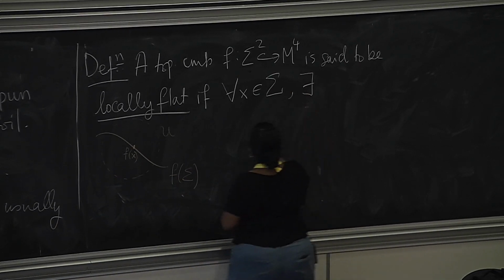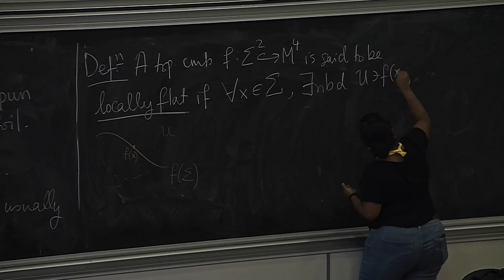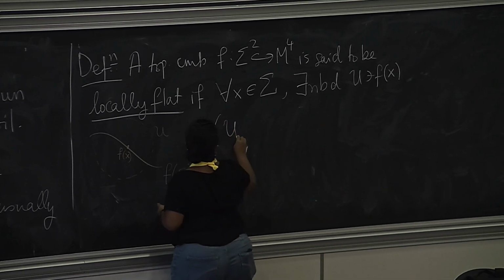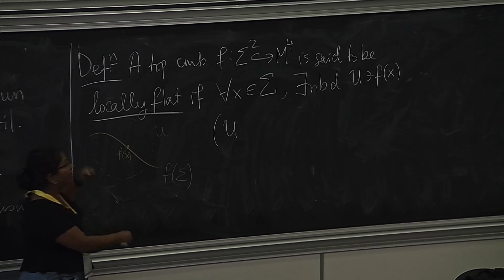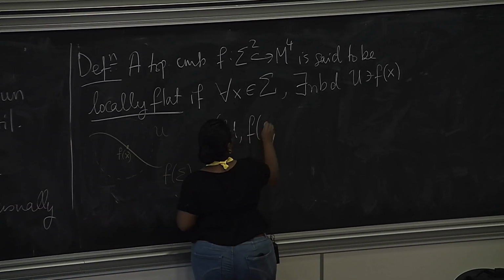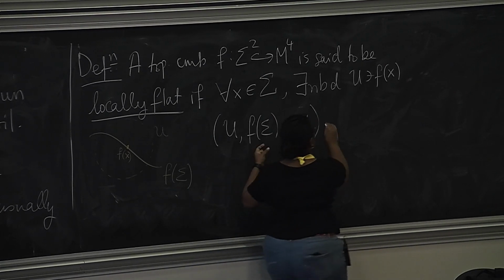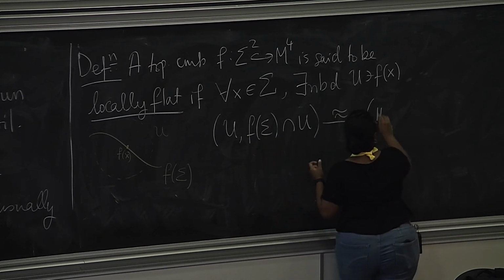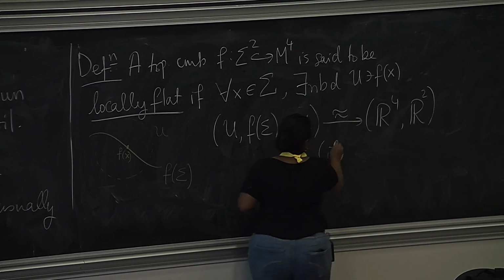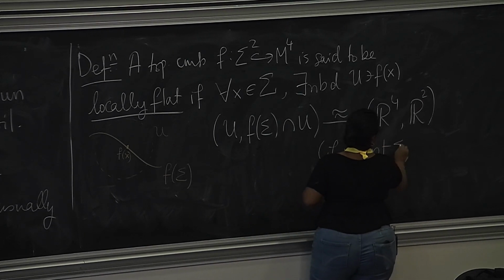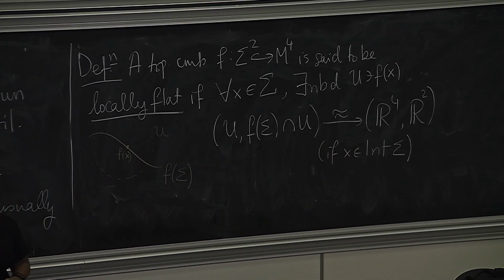So there exists a neighborhood U of f of x. I know that this neighborhood is homeomorphic to R4, but I want something of the pair. So I'm going to ask that the pair U, comma, the intersection with the image admits a homeomorphism to R4, R2. This is if x is in the interior of sigma. If it's in the boundary, there's a different condition, but let's not talk about that.